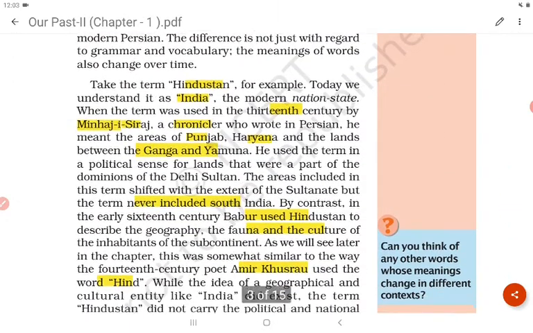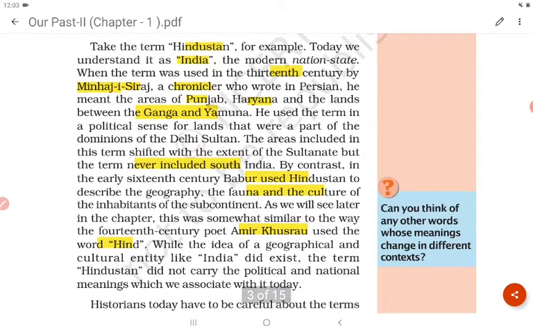Let's see. Hindustan, for example, today we understand it as India, the modern nation state. When the term was used in the 13th century by Minhaj-e-Siraj, a chronicler who wrote in Persian, he meant the areas of Punjab, Haryana and the lands between the Ganga and Yamuna.